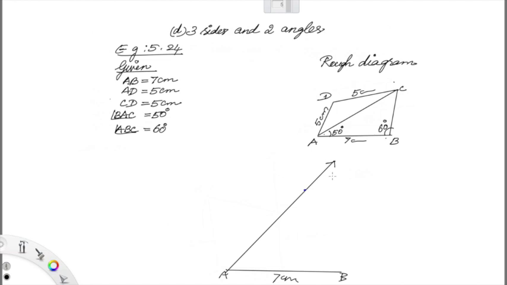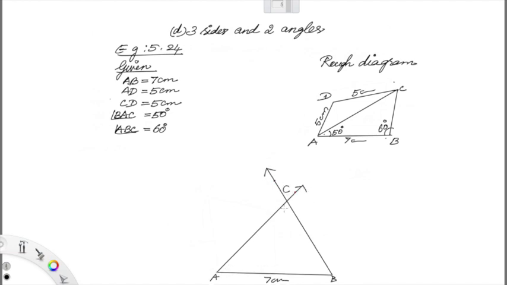Now keep your protractor at B. Take 60 degree. Join them with B, with arrow mark. Can you see both the rays intersect at one point? That will be your C. Take down 50° and 60°.